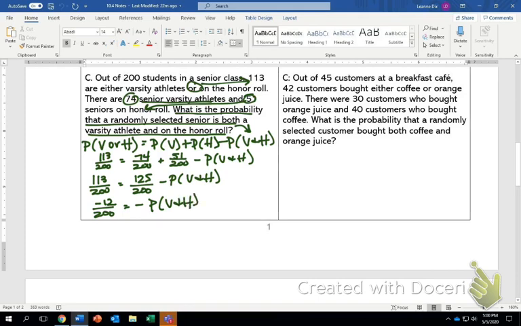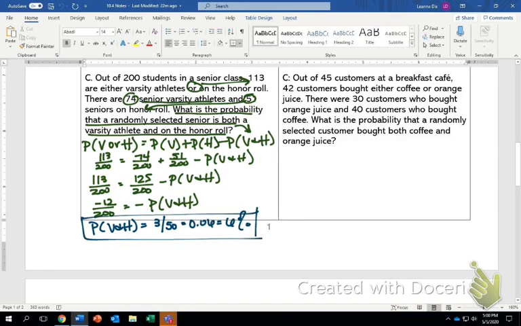So obviously I can get rid of both of these negatives by multiplying each side by -1. So then I'll end up with a probability of varsity and honor roll is going to equal 3 over 50. That's what 12 over 200 reduces to, which is the same thing as 0.06 or 6%, and that's my answer.